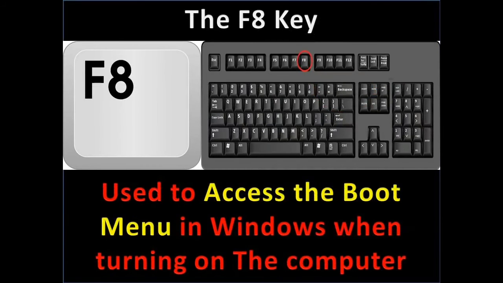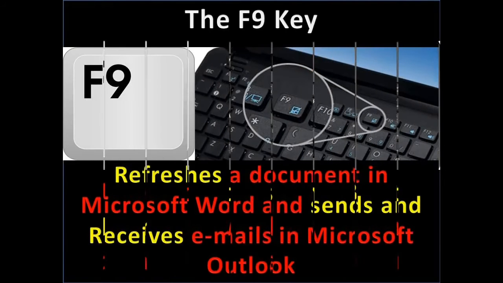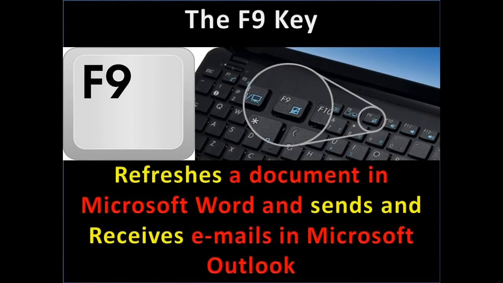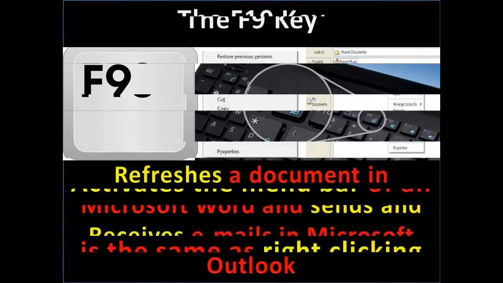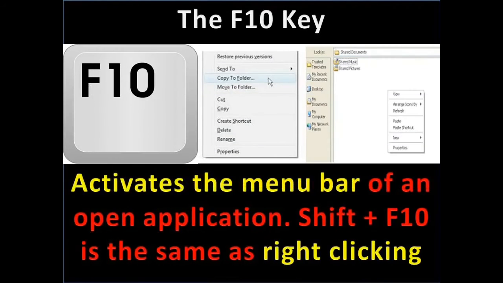F8 key is used to access the boot menu in Windows when turning on the computer. F9 key helps you to refresh a document in Microsoft Word and send and receive emails in Microsoft Outlook. F10 key activates the menu bar of an open application.